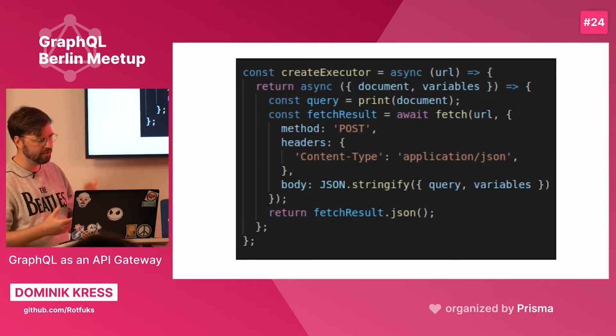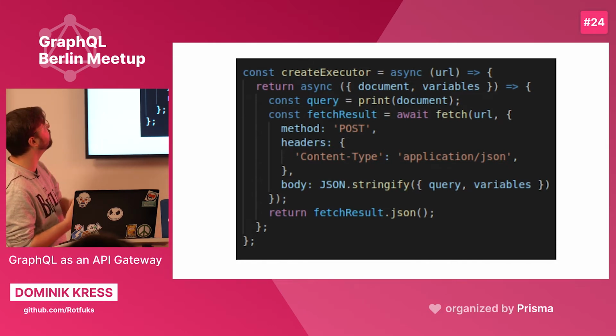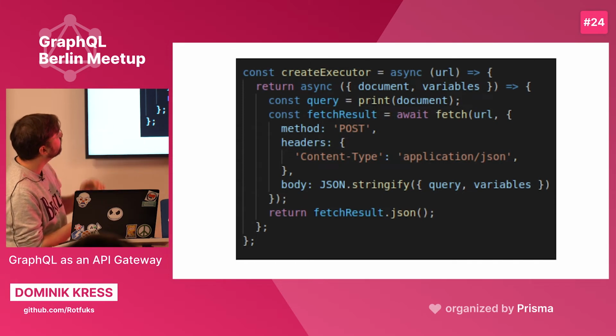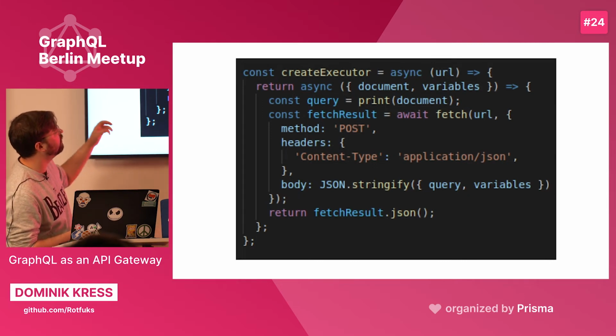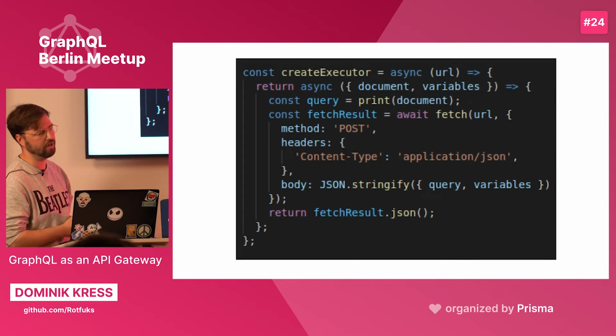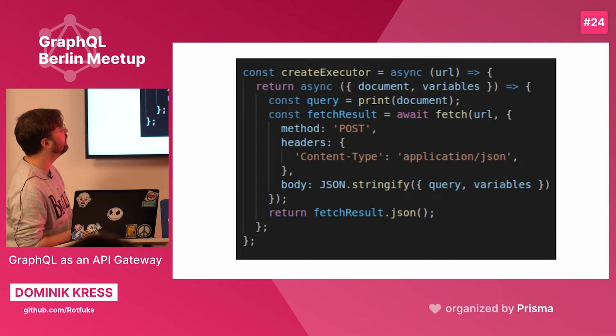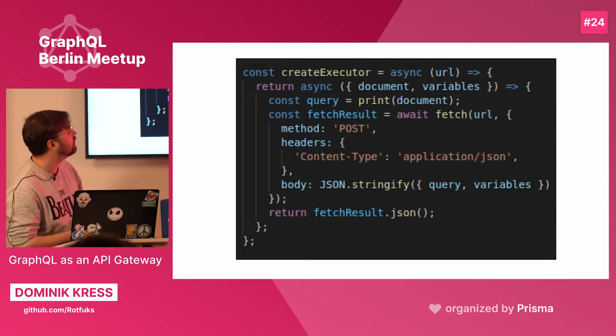So first off, we need to create our executor, as I already said. In this, we can just return this executor function, basically where we fetch a specific URL where we will just push in our remote URL so that we can stringify all of our queries in there.